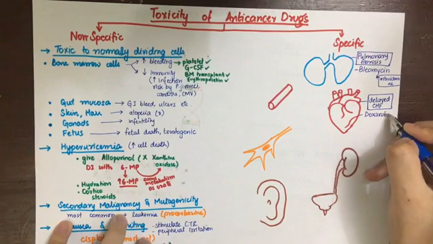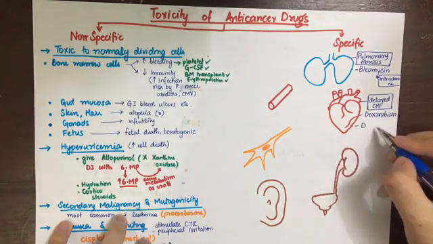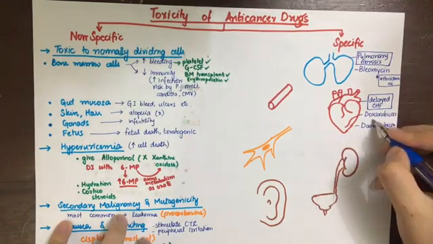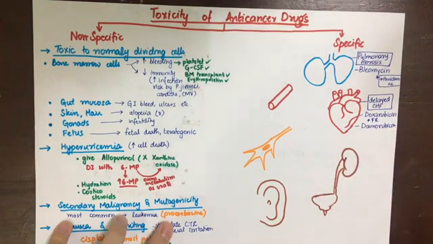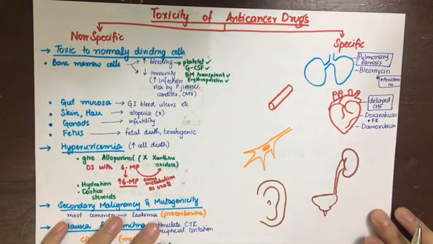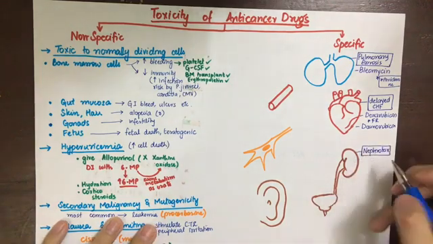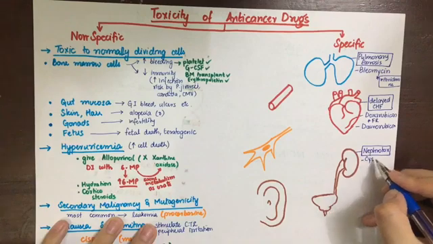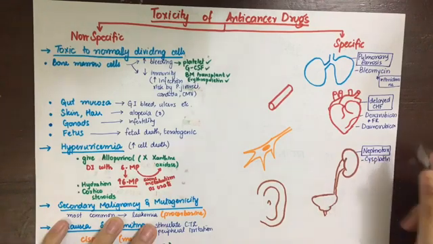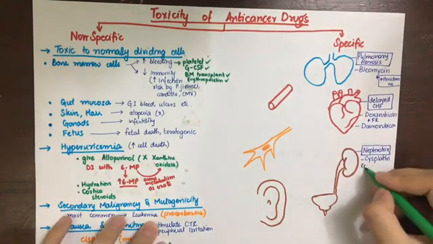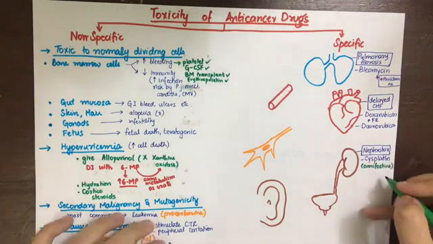That is mostly due to the drugs doxorubicin and daunorubicin. This can be remembered by ruby, red and heart, red heart. This is due to the formation of free radicals, which are not effectively detoxified both in the cancer cells and in the heart cells. Cisplatin and methotrexate are both associated with nephrotoxicity, and this nephrotoxicity can be managed by giving amifostine.